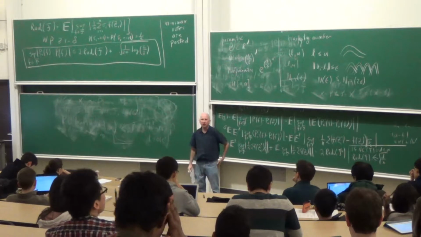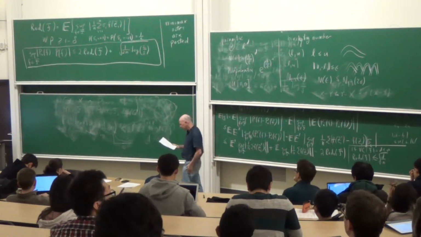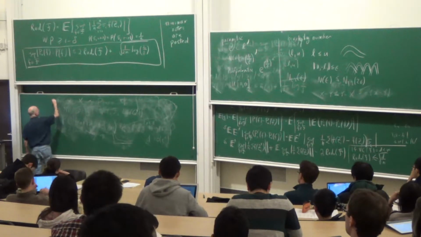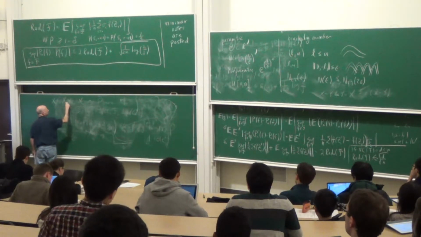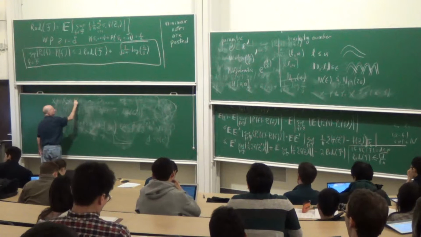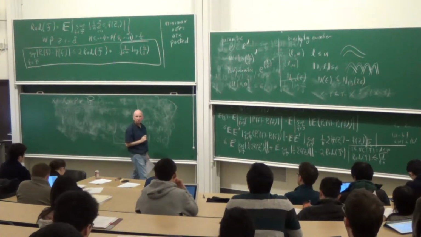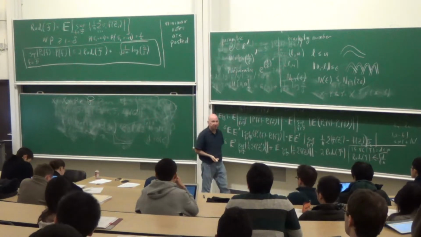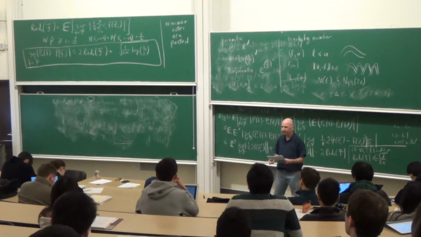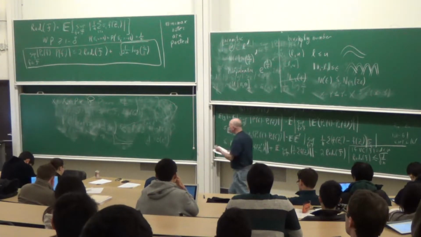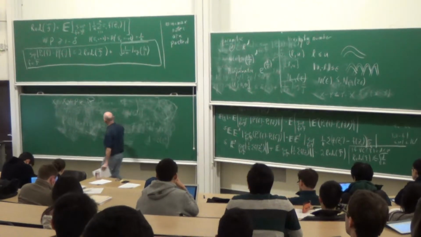So let's first remind ourselves what it is. We have a sample from a distribution, and we'll assume that the unknown distribution P is in some class of distributions. It could be very general. Now we want to estimate something, or predict something.